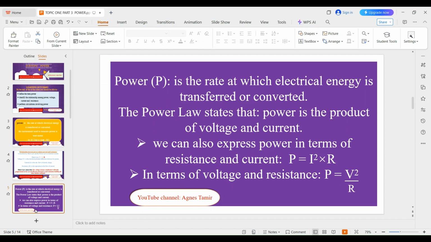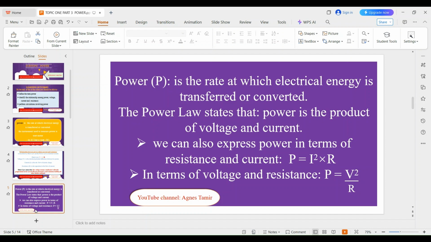Power can be expressed in three ways. One, in terms of current and resistance. Two, in terms of voltage and resistance. And three, in terms of voltage and current.